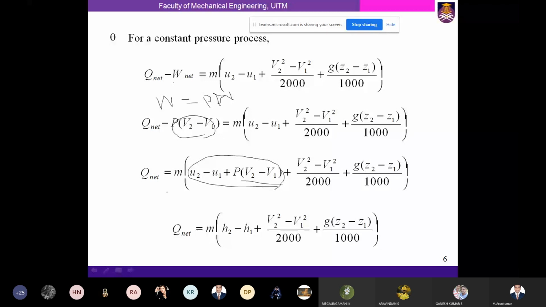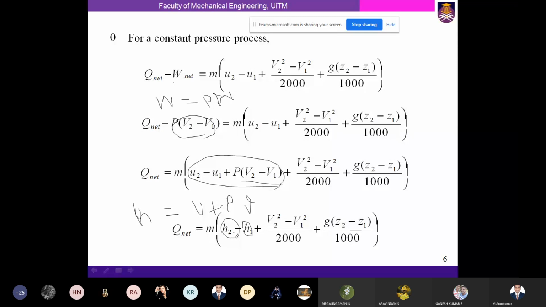You know the enthalpy equation from the last slide: H is equal to U plus PV. So this U2 plus PV2 can be written as H2, and U1 plus PV1 can be written as H1.